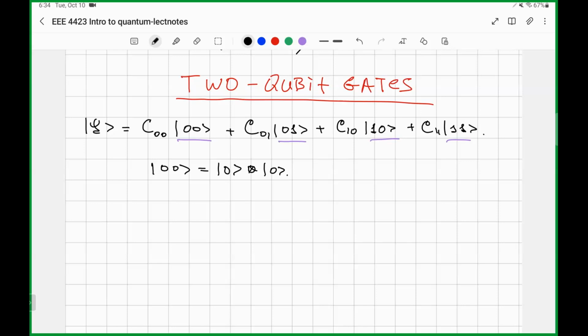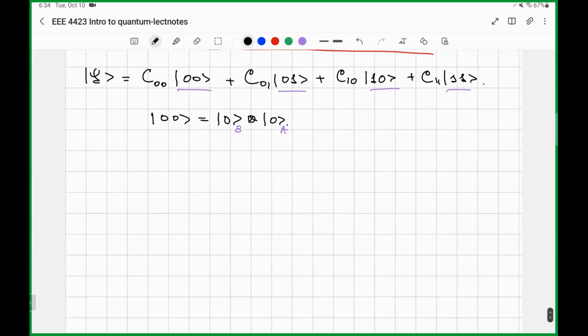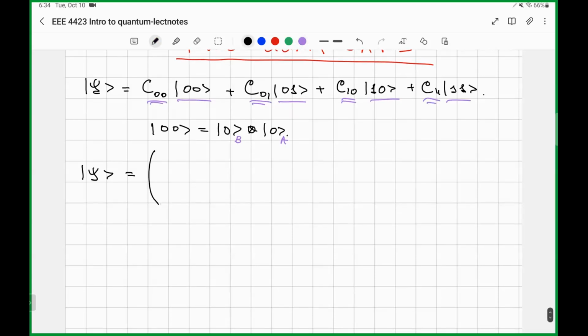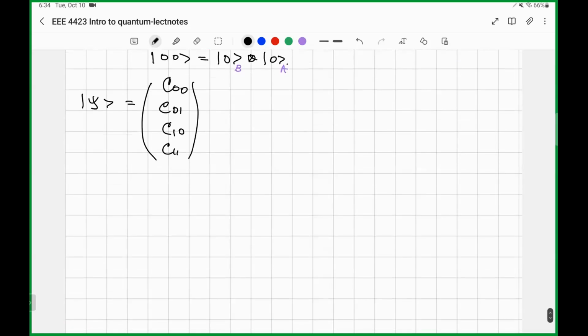We can also sometimes denote that this one belongs to qubit B and this one belongs to qubit A. But anyway, we can represent the state of the 2-qubit system using the psi vector, just listing the C elements here. So it's going to be the column vector C00, C01, C10, C11.